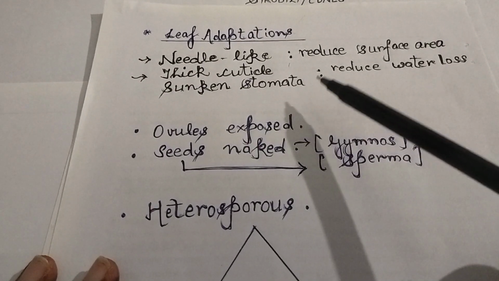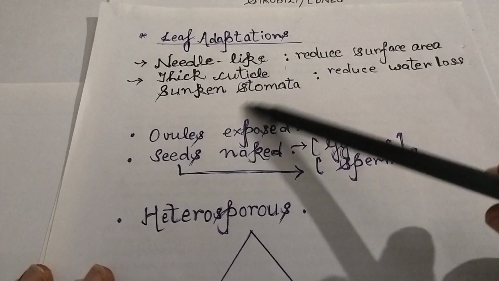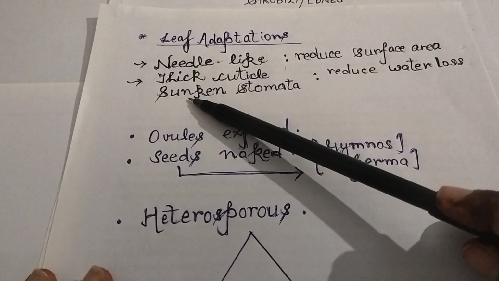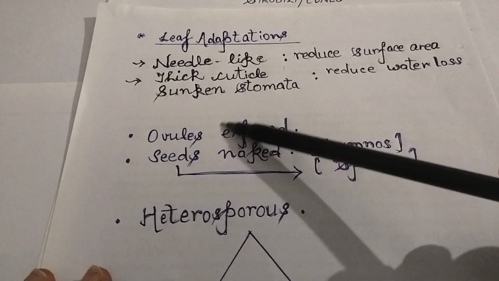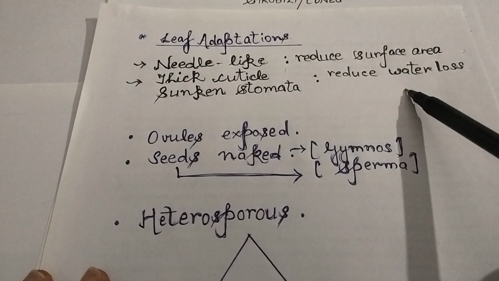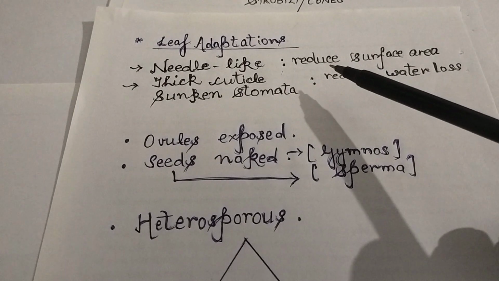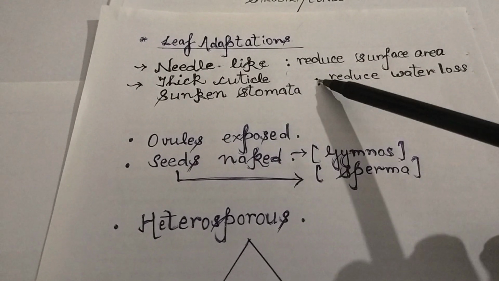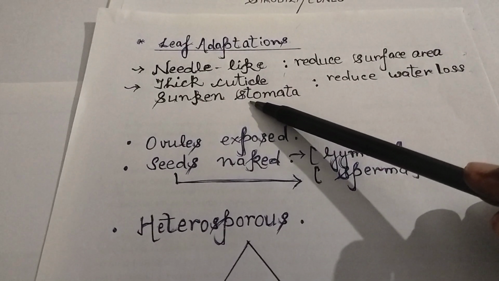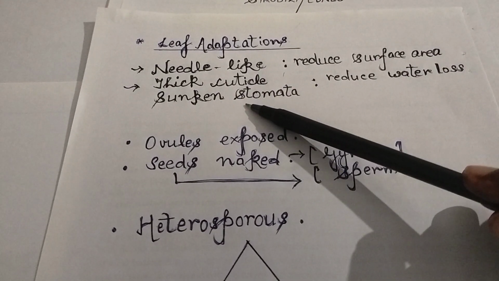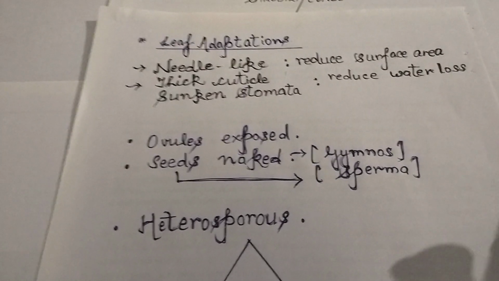Sunken means they are not superficial, they are embedded. So in some gymnosperms, leaves have a thick cuticle and sunken stomata, which help to reduce water loss. Both these adaptations are for reduction of water loss.